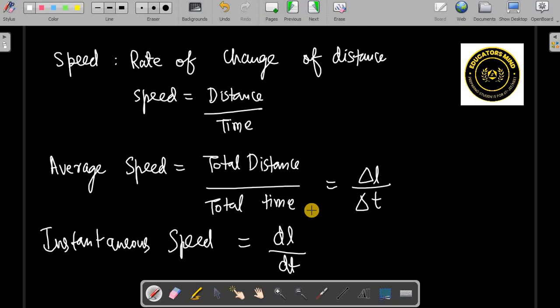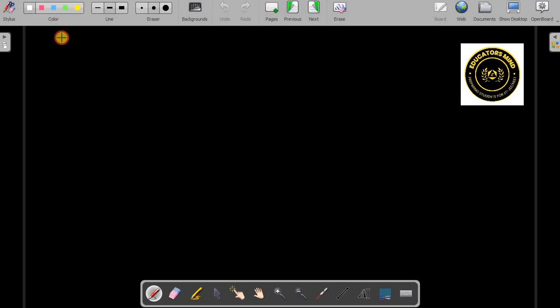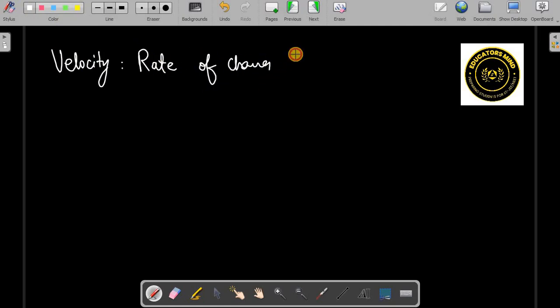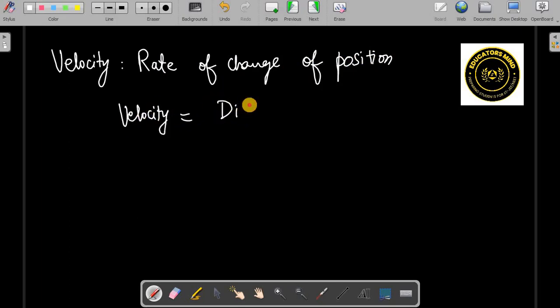Then let's go next. Same way, what is velocity? What is the concept of velocity? So velocity is rate of change of position. So velocity definition, velocity is equal to displacement by time.